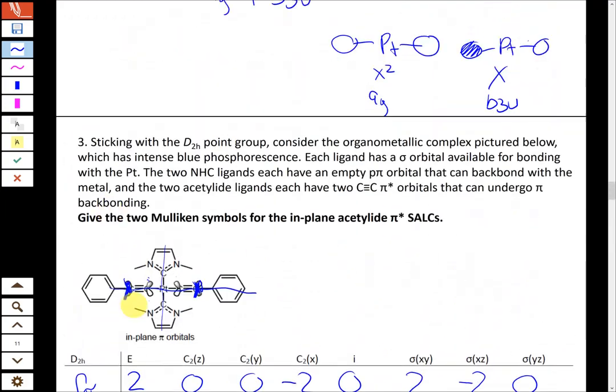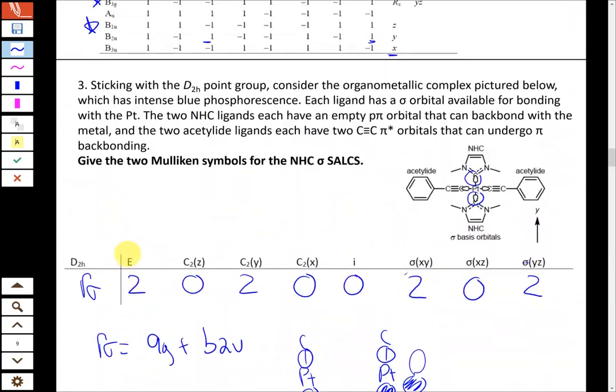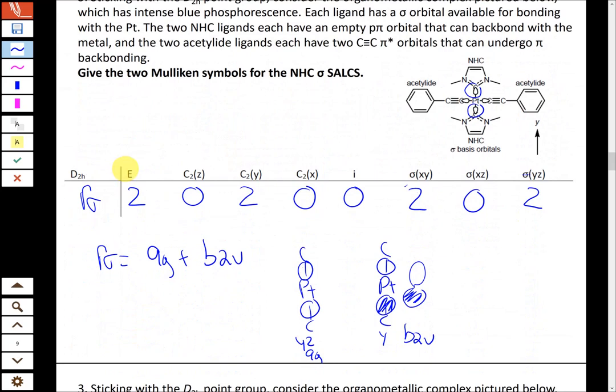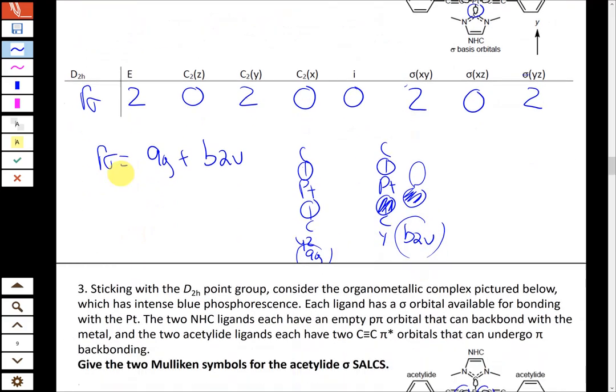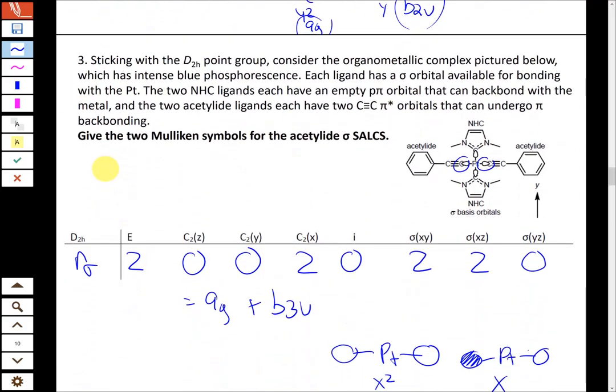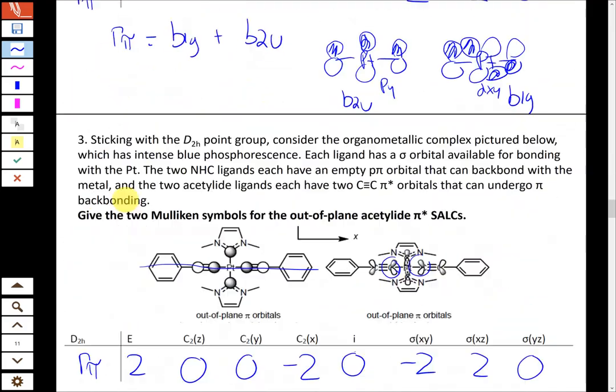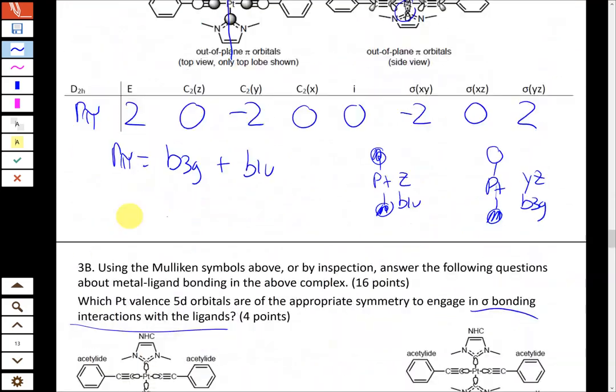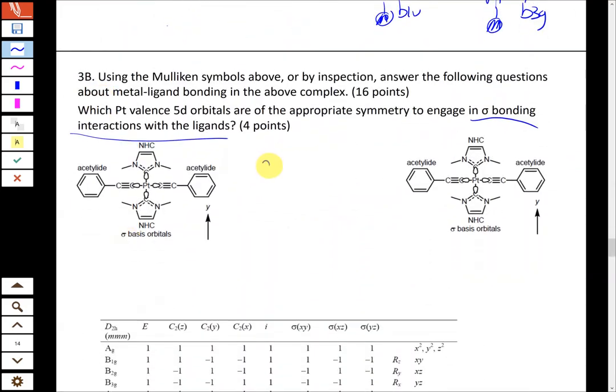And so for the sigma orbitals, what we got, if we flip back to that, was for the NHCs, Ag and B2u. And then for these acetylides, we got Ag and B3u. So our sigma SALCs are going to have representations of either Ag, B2u, or B3u. Those were the sigma SALCs that we got.